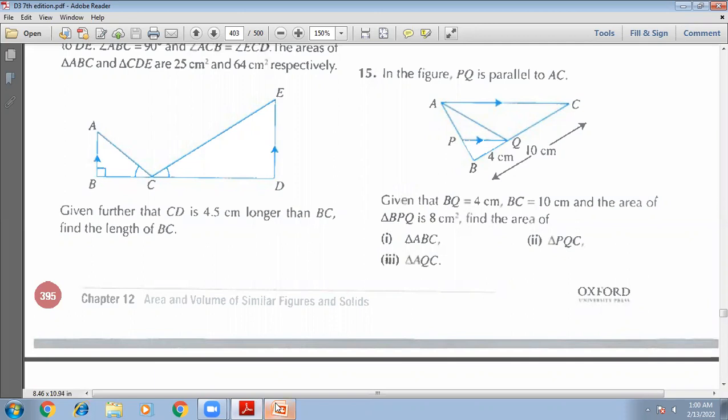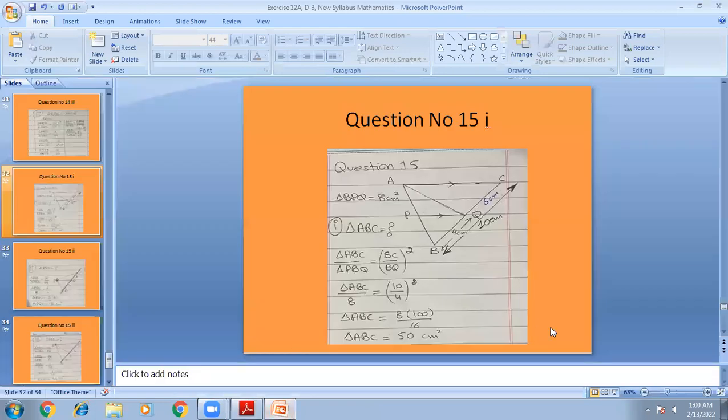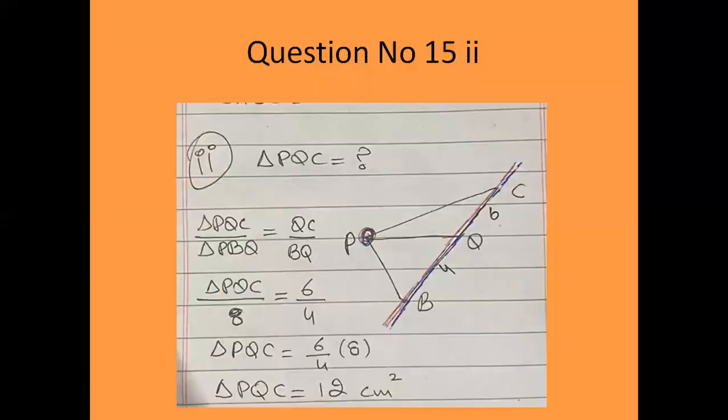So let me show you my solution. Okay, here we go. If you want to find out the area of the triangle PQC, here you can see I have shown the triangle PBQ and the triangle PQC, whose area I want to find out. The area of the triangle PBQ I already know is 8.